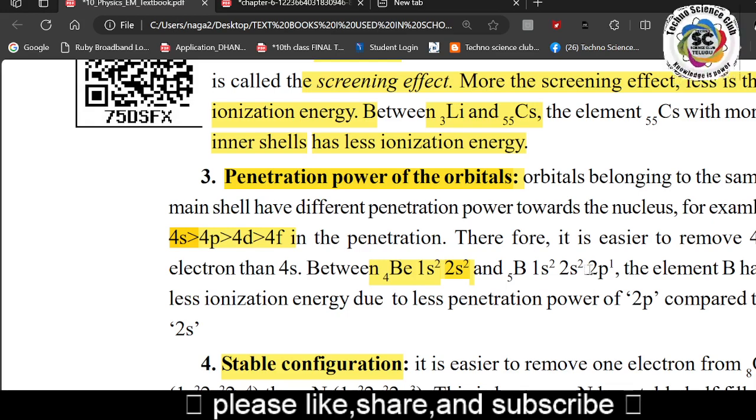In boron, the last orbital is a p orbital, which has lower penetrating power than S. So boron has a lower ionization energy due to the lower penetrating power of 2p. When penetrating power is high, ionization energy is high; when penetrating power is low, ionization energy is low.